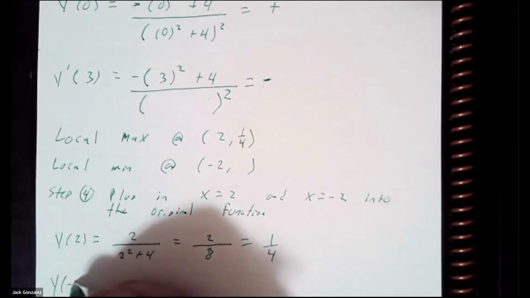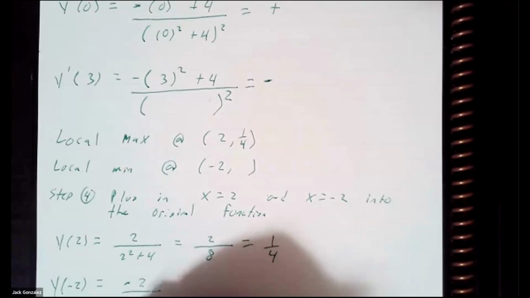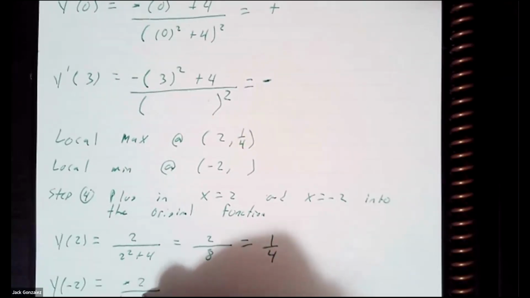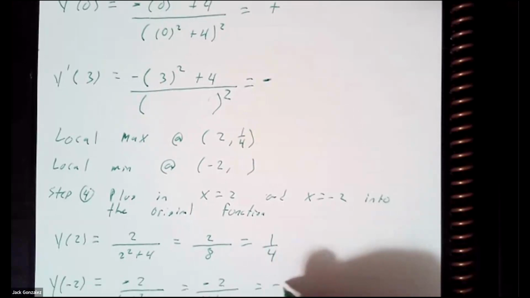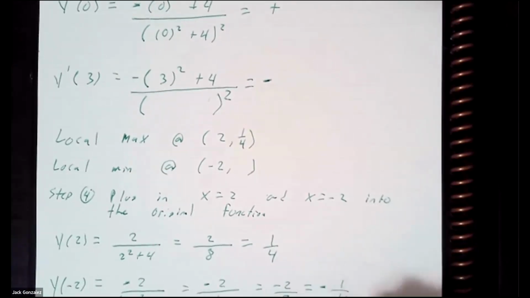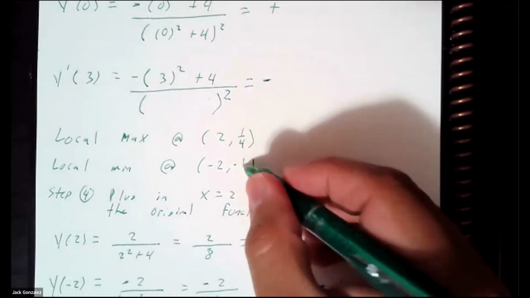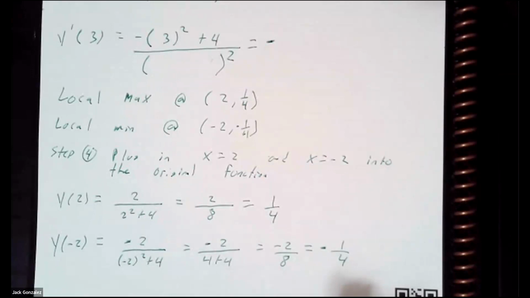Y at -2 is -2 over -2 squared plus 4, equals -2 over 4 plus 4, which is -1/4.